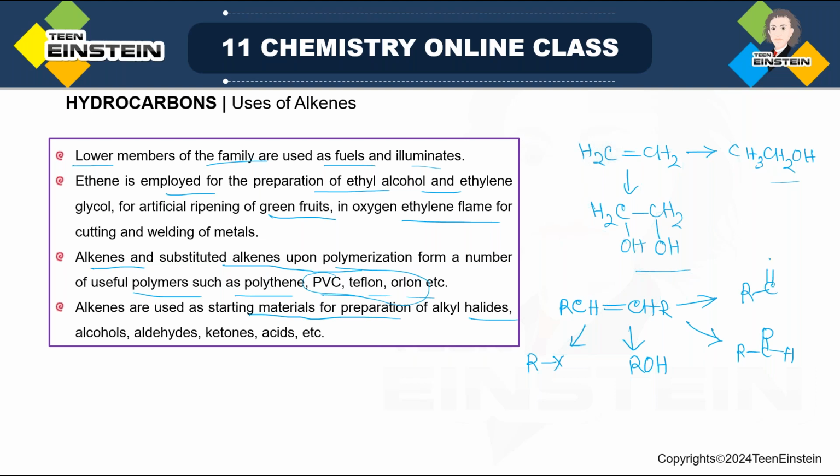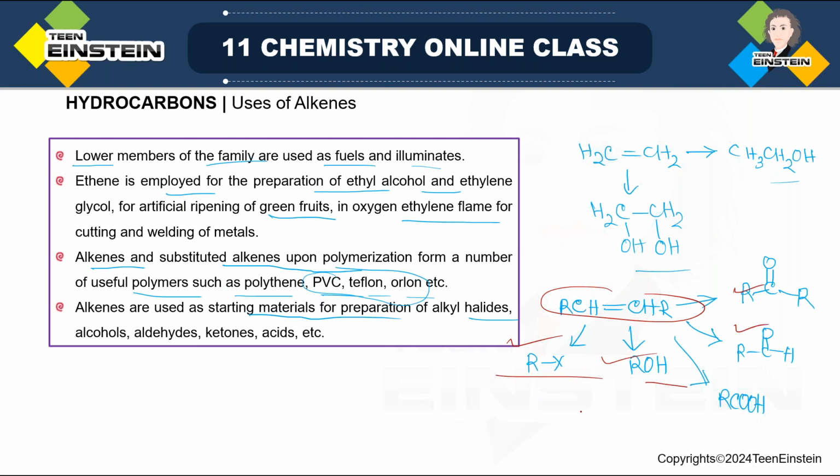So different types of reactions are possible, and we have already seen some of these applications in the chemical properties section of alkenes. And also we can produce acid. Even if direct formation of RCOOH is not possible, it is possible through formation of some other compounds. But ultimately we can say that these alkenes can be used as a starting material for the preparation of so many different types of compounds.